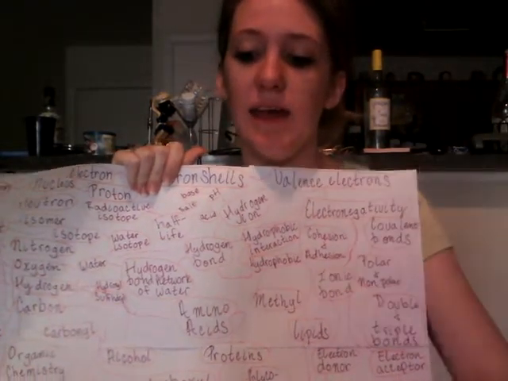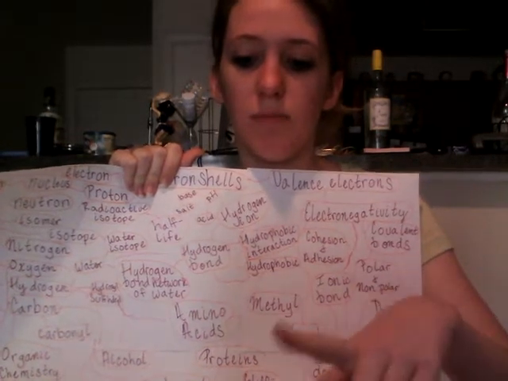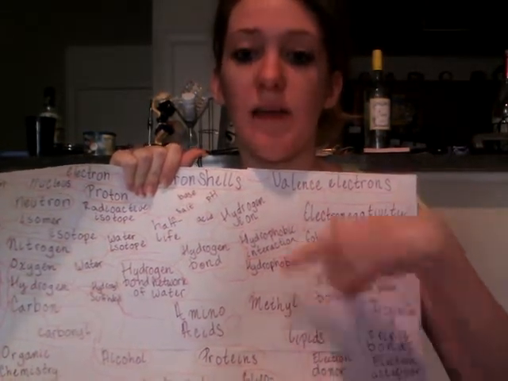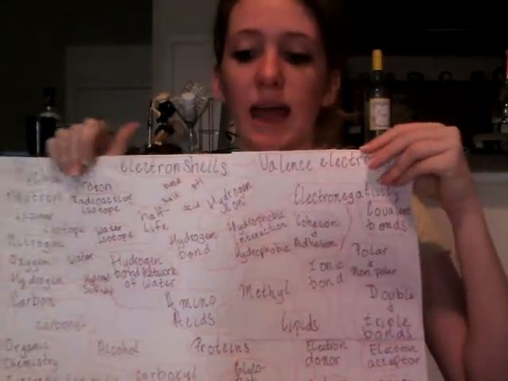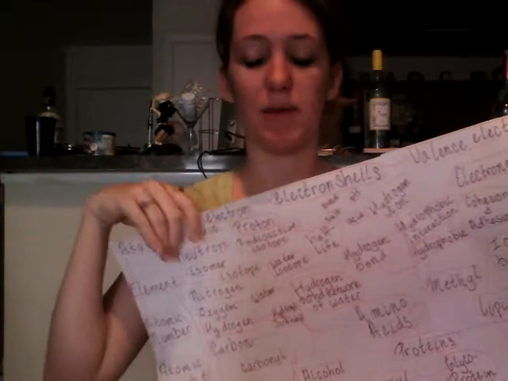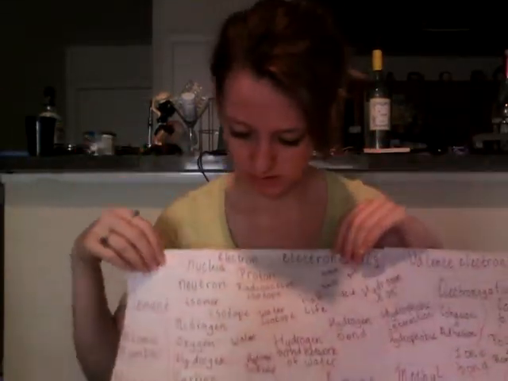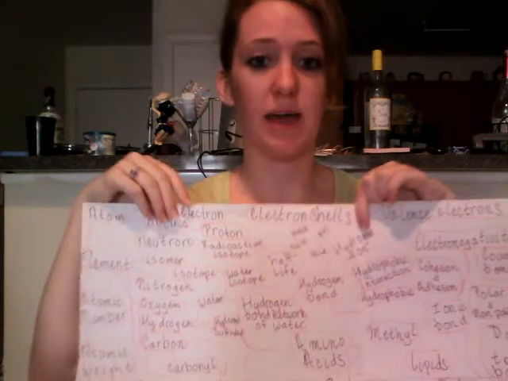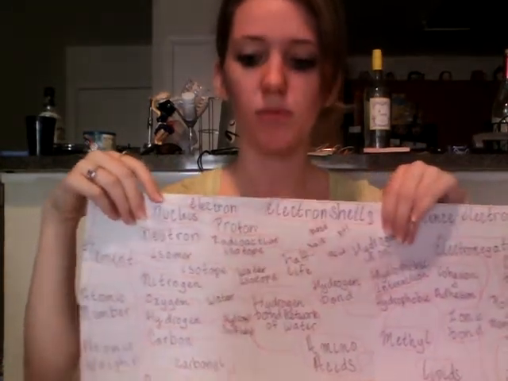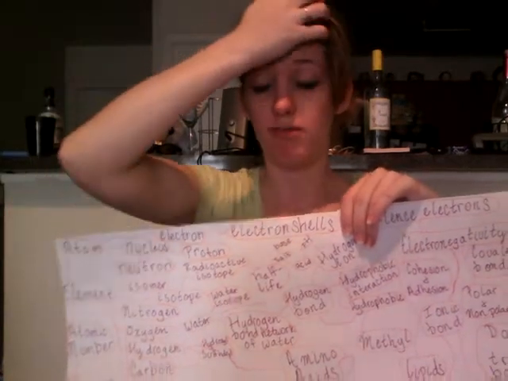Sorry. And then hydrophobic, like I said earlier, means water fearing. And then hydrogen tends to become an ion by gaining or losing an electron. Hydrogen ion. This is how pH is measured in solutions.